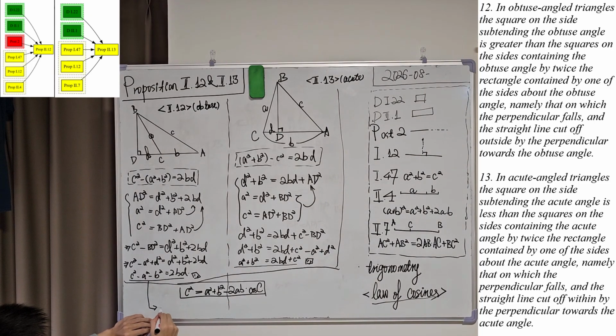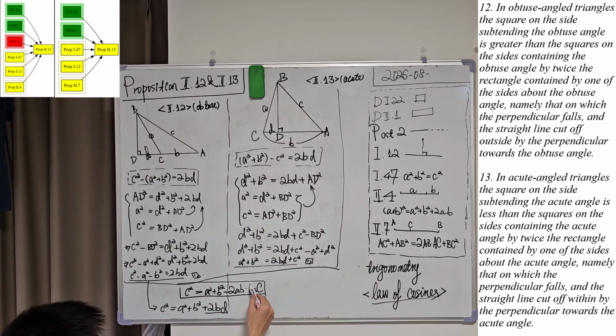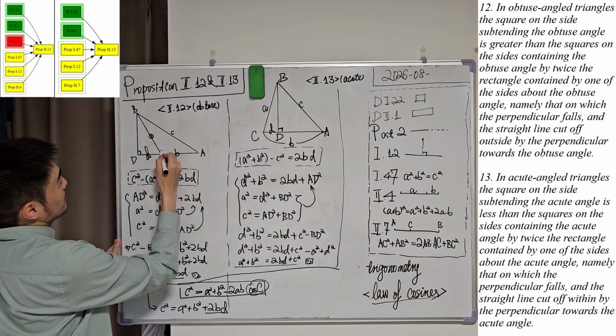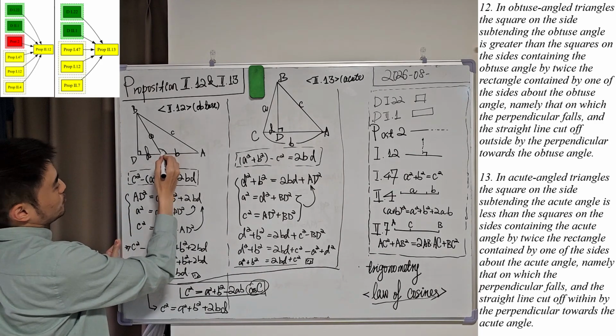We have C square is equal to A square plus B square plus twice of BD, correct? And let's write cosine C by, we can see that C is an obtuse angle, correct?